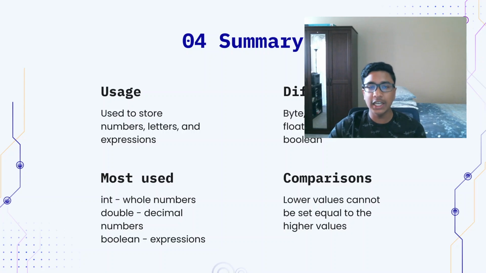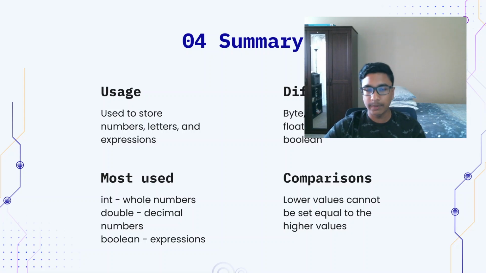Now, here are some key takeaways from this presentation. Usage: primitive data types are used to store numbers, letters, and expressions, such as true and false. There are different data types: byte, short, int, long, float, double, char, and boolean. These are the only data types in Java, and there are no other ones. The most used ones are int, double, and boolean.